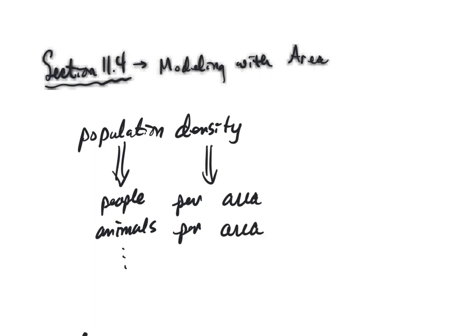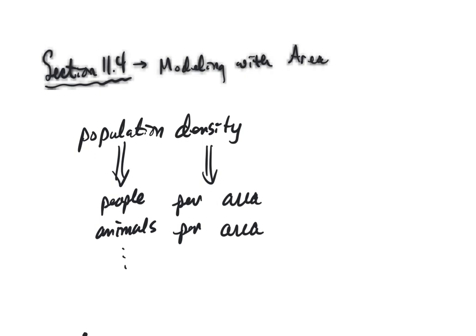So how many people per block, or how many people per square mile, or how many people per whatever. Same with animals, of course. So with population density, we're looking at the number of people or the number of animals per a specific area.